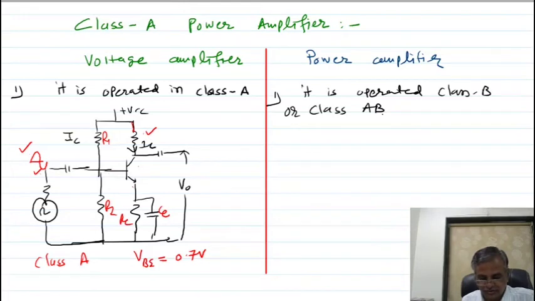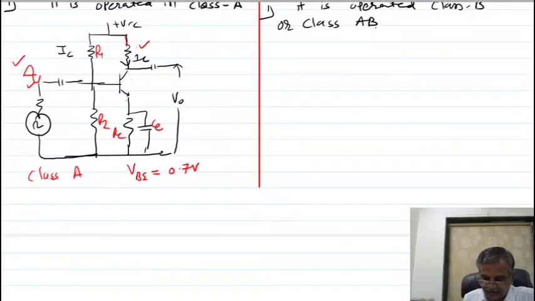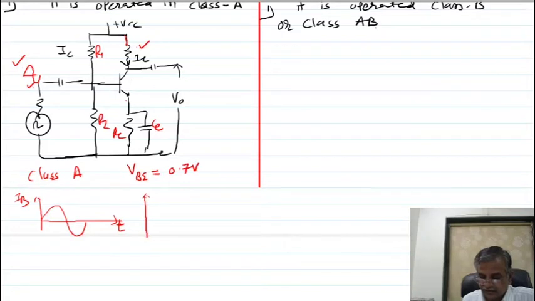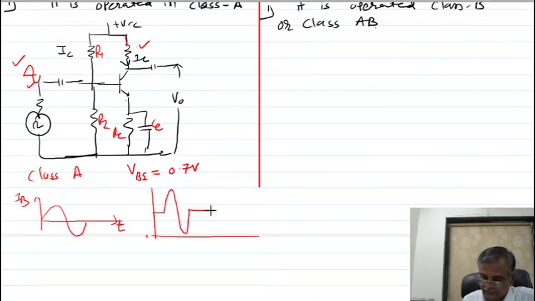Look at what will happen. This is your input signal, your base current, shown with time, and my collector current will flow for both halves of the AC input cycle. This is your collector current with time.